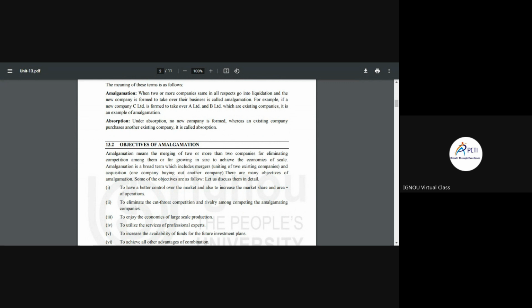The next one we need to understand is absorption. Under absorption, no new company is formed, whereas an existing company purchases another existing company. It is called absorption.